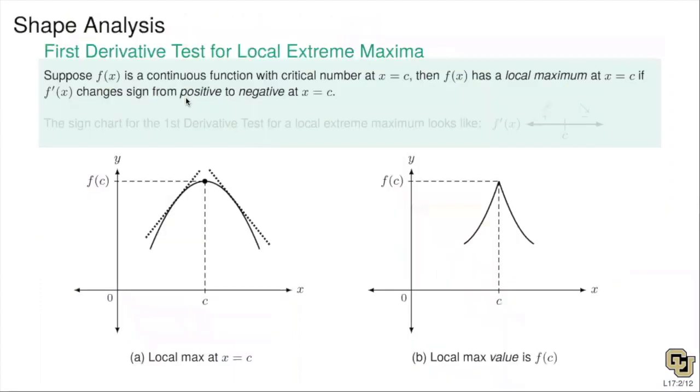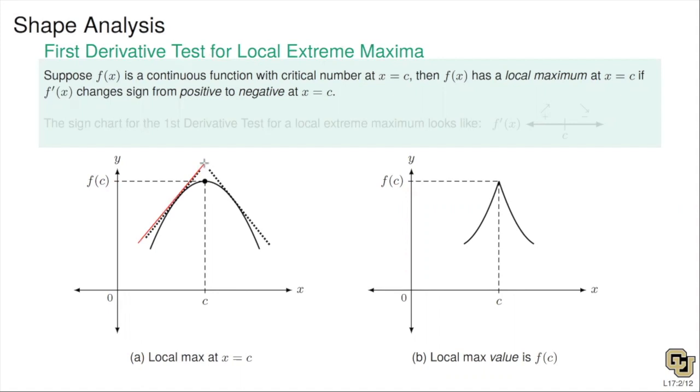So once we find critical points, we need to classify them. For classifying critical points, for local extrema, we have what's called the first derivative test. The first derivative test says that if the slope changes from positive, so here you see we have a positive slope on the left side of c.